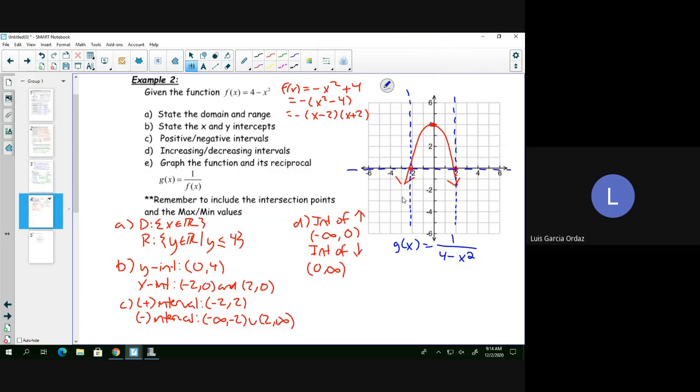What's the reciprocal of 4? 1 over 4. So remember, if f of x has a max, g of x is going to have a minimum. Okay? And now we need to check where y is equal to positive and negative 1.